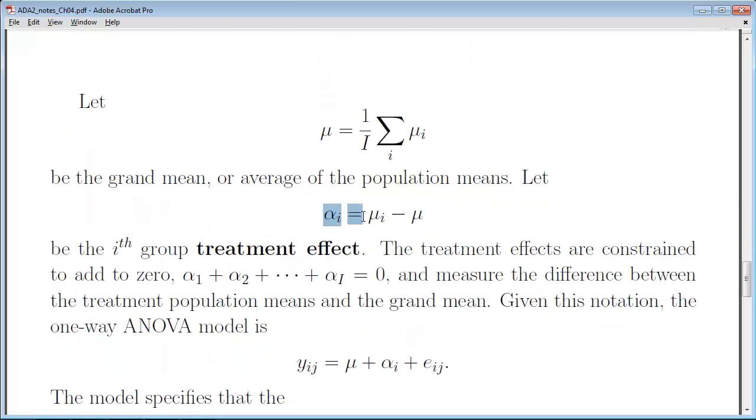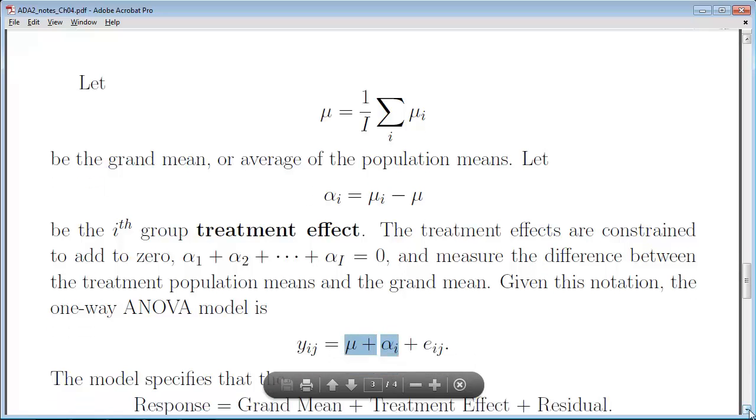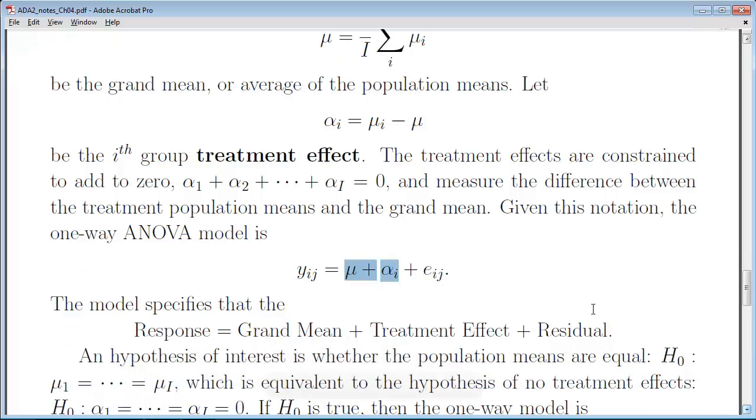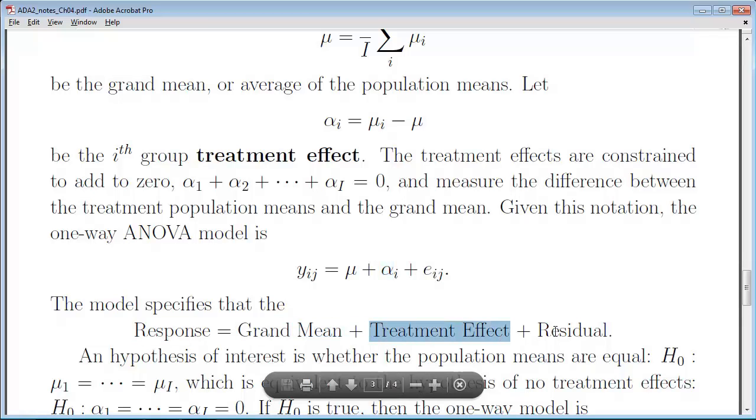If I solve this equation for mu, the minus mu goes on to the other side, so I get mu plus alpha i is mu i. So here's the same model, but it's written in terms of the grand mean, and we have these alphas, which are the treatment effects. In words, the response is the grand mean plus the treatment effect plus the residual.